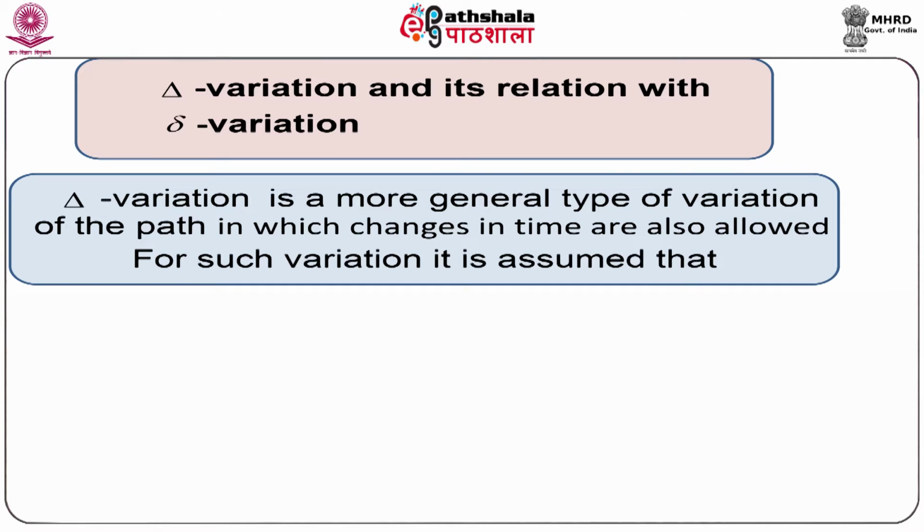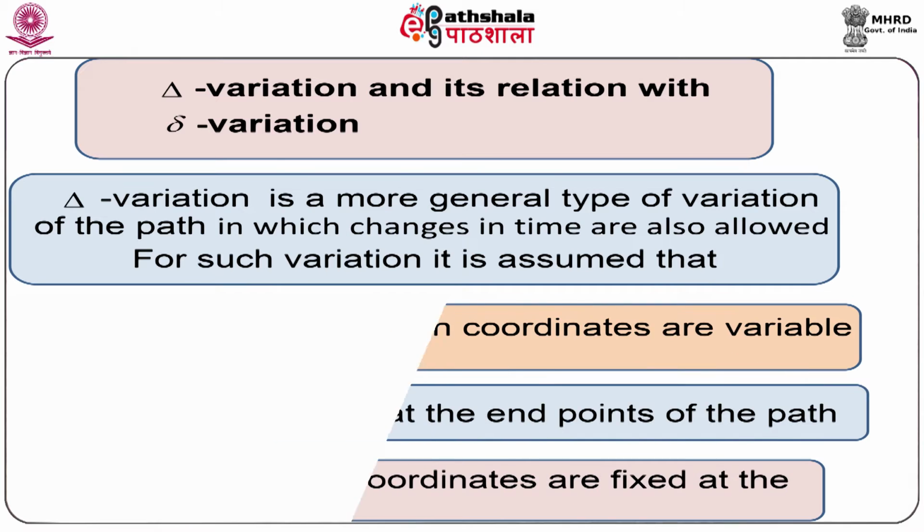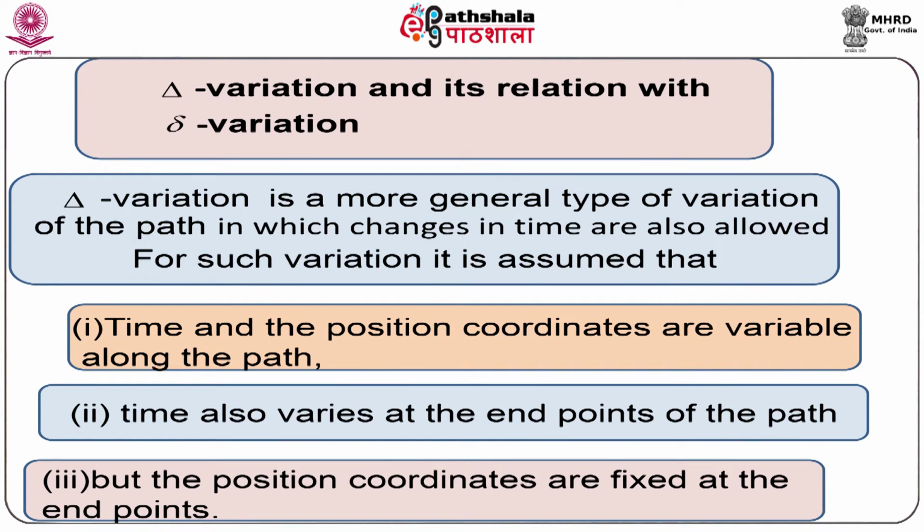We introduce a more general type of variation, which is triangular delta variation of the path for the dynamical system, that is one in which changes in time are also allowed. Please remember that changes in time in Kronecker delta variation are not allowed.